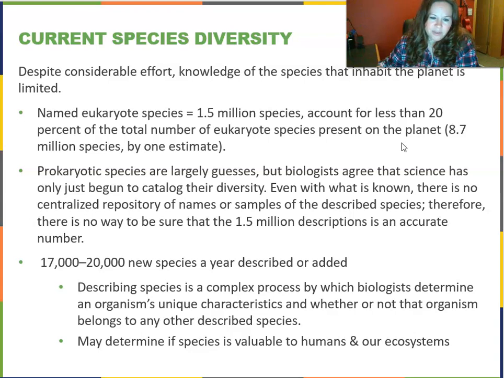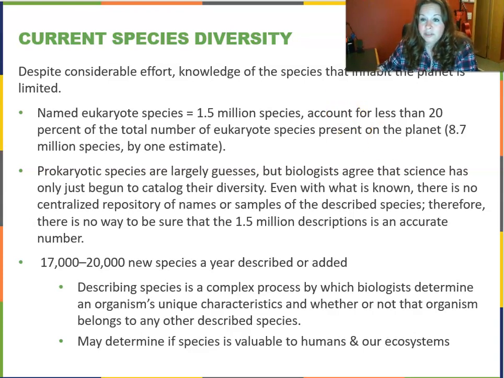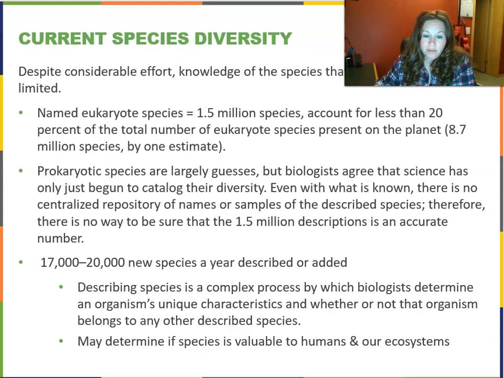Annually, about 17,000 to 20,000 new species are described or added to the repositories. Describing a species can be a complex process by which biologists determine an organism's unique characteristics, whether or not that organism belongs to any other described species already known, and may determine if species are valuable to humans or our ecosystems.